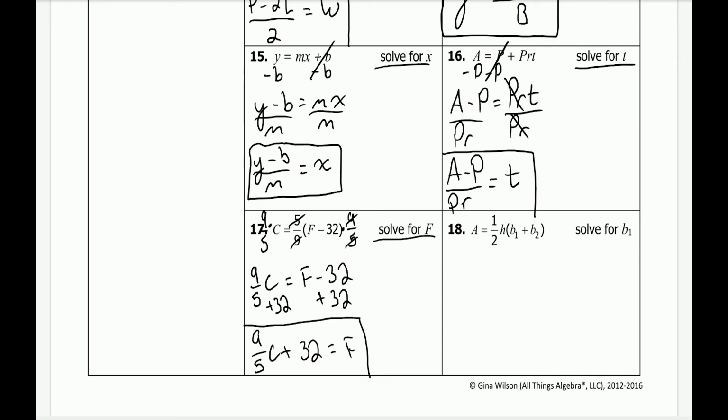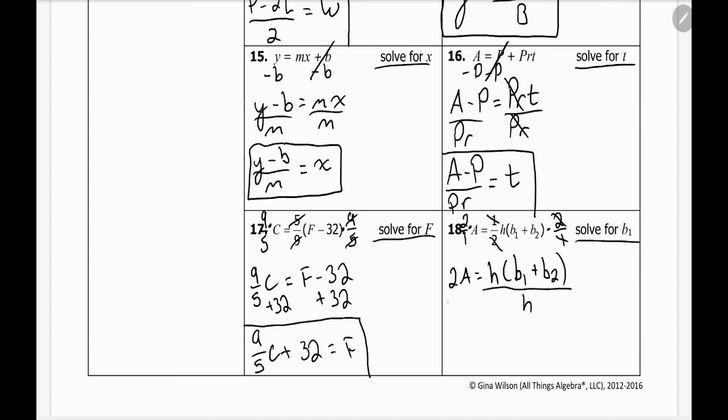Since f is what we're looking for, and it was isolated, therefore it's our final answer. Finally, number 18, we have a is equal to 1/2 times h multiplied by b1 plus b2, and we're asked to solve for b1. So, first step is to get rid of the fraction, so we're going to multiply by the reciprocal. We're left with 2a is equal to 1 on top, 1 on bottom, 2 on bottom, 2 on top. h times b1 plus b2. We have to work inside of the parentheses, so we have to get rid of this h.